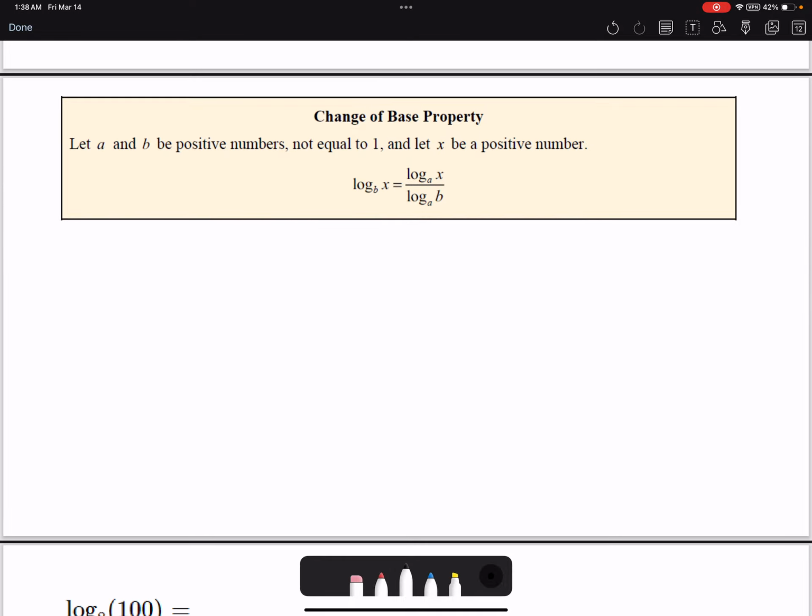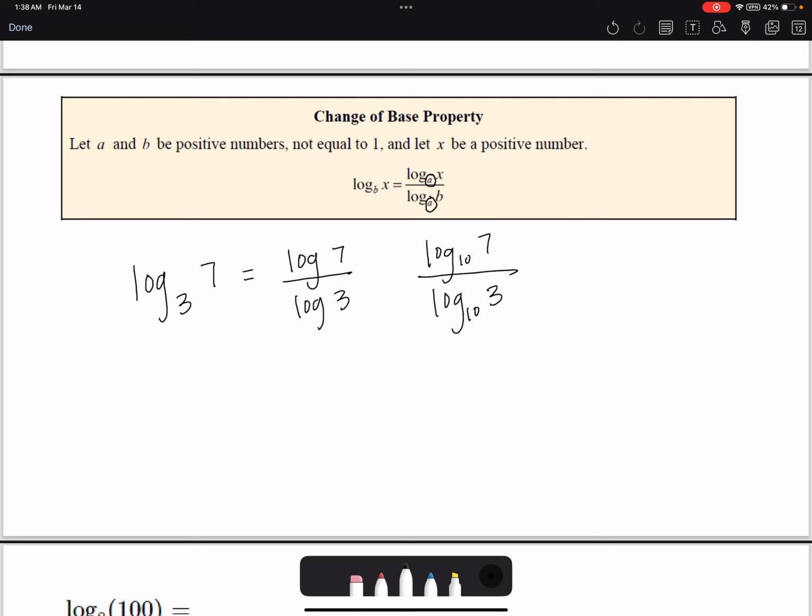We already talked about the change of base property, but in this section we're using it to change the base of the numerator and the denominator. If you have log base 3 of 7, you could do log of 7 over log of 3, which makes it so you can type it into your calculator, since that's log base 10 over log base 10.